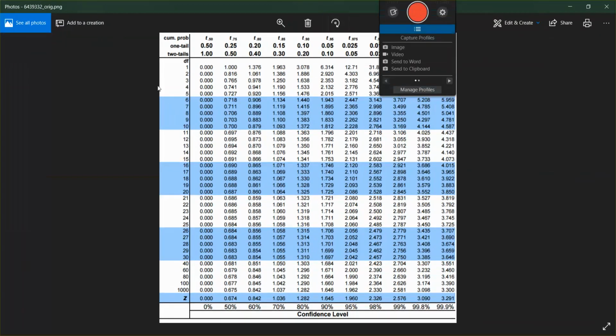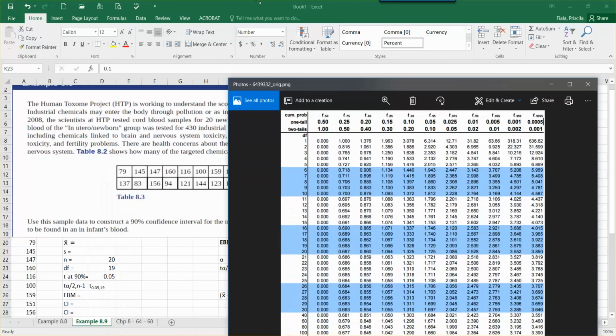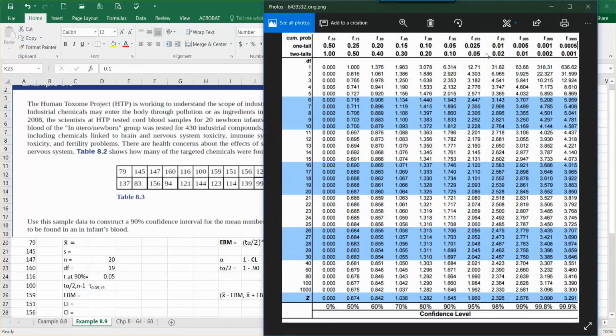Okay, so let's go over here. Let me make it a little bigger. Here you go. So we know it's either 10% for two tails or 5% each tail, and the degrees of freedom is 19. Why are we using the t distribution again? Because the sample size is smaller than 30, and we are estimating the standard deviation of the population based on the standard deviation of the sample.